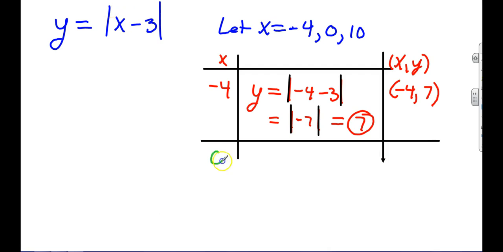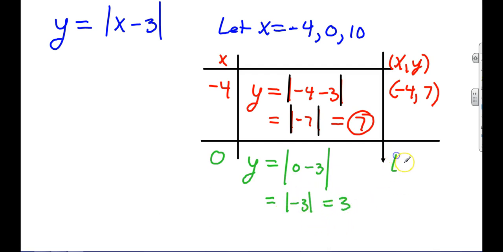Okay, next number we have is 0. So we've got 0 minus 3, and again, just treat that like it's in parentheses, so 0 minus 3 is -3. And again, the absolute value of -3 is just 3. So the ordered pair would be 0, 3.